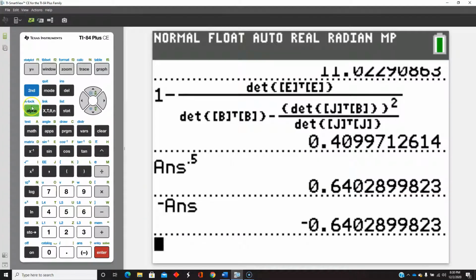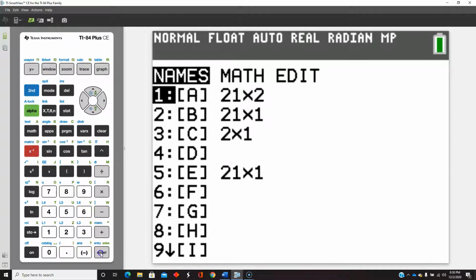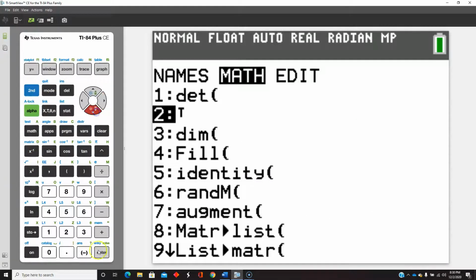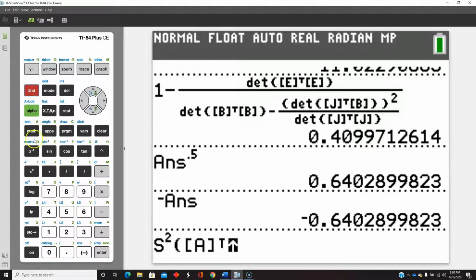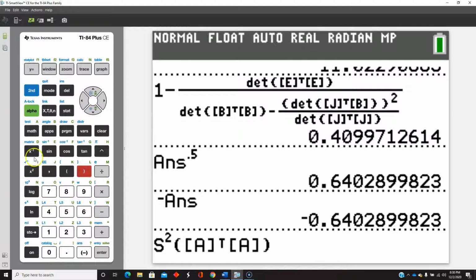S squared, so alpha S squared times the A transpose A inverse matrix.